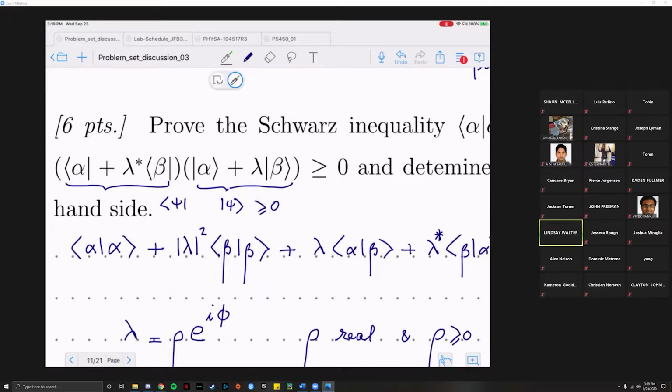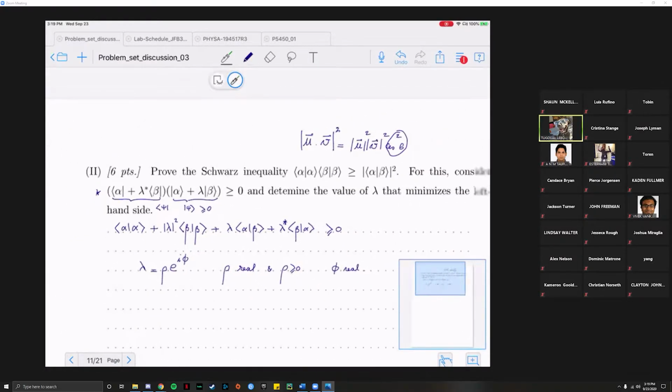Right. And I guess that if you wanted to show this, one way to proceed would be to start from this with the vision that psi written in this way leads you to demonstrating this by figuring out the value of lambda that makes this expression the smallest. Okay. Thank you.